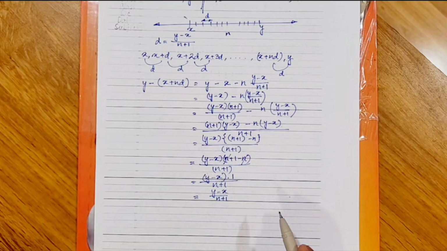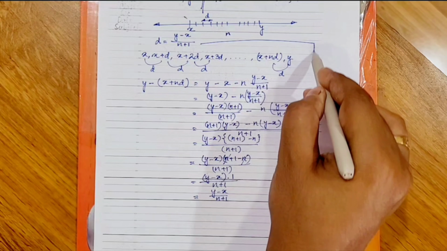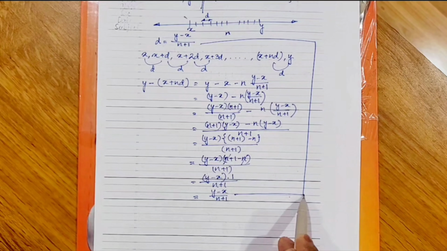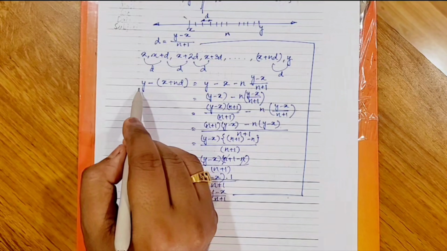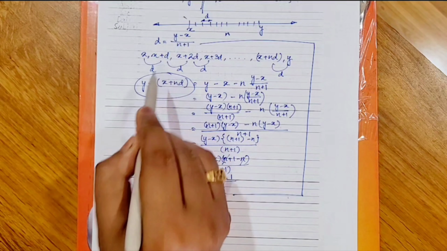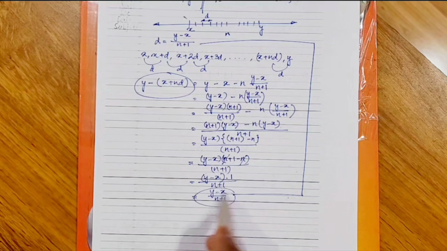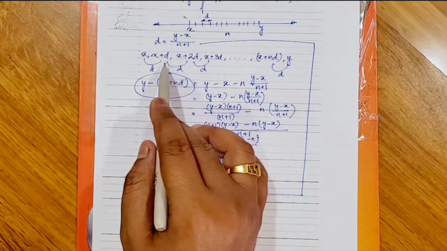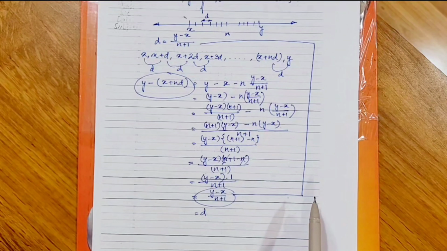And if you go back to the original definition of d, these are same. So y minus (x plus nd) is d. Hence proved that all of these are equally spaced rational numbers in between x and y.